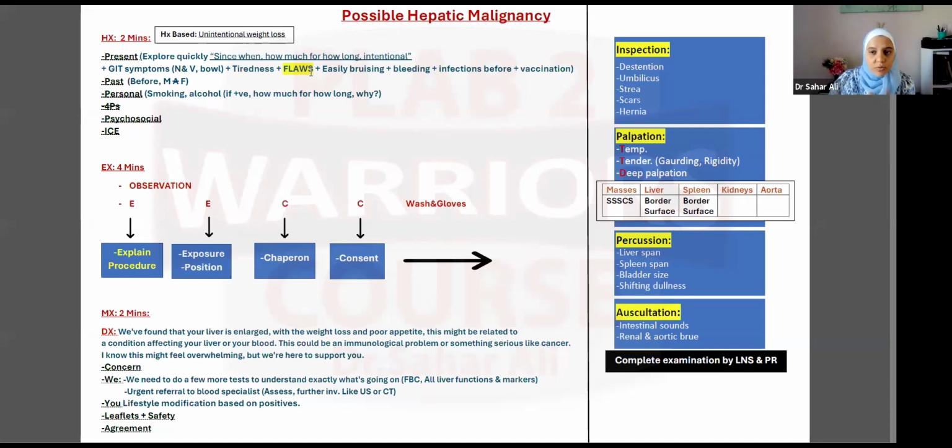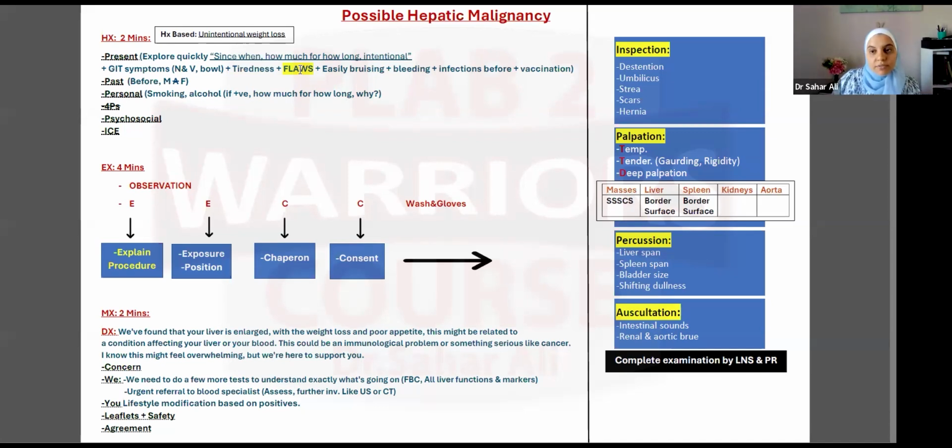You don't need to ask all of them. You can ask about tiredness and appetite and lumps and bumps, and that's it, all right? Usually, if present, the patient has cancer, okay? So cancer symptoms, it could be cancer anywhere in the body, okay?